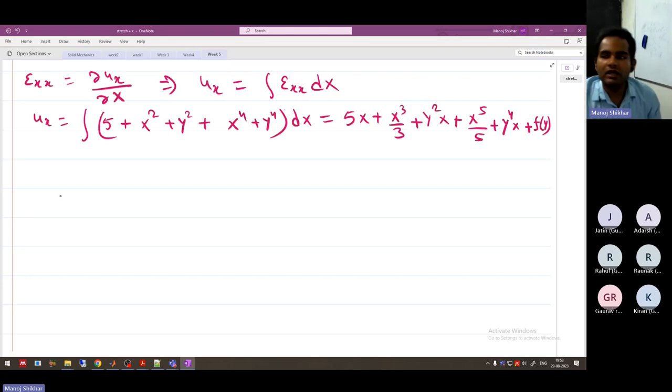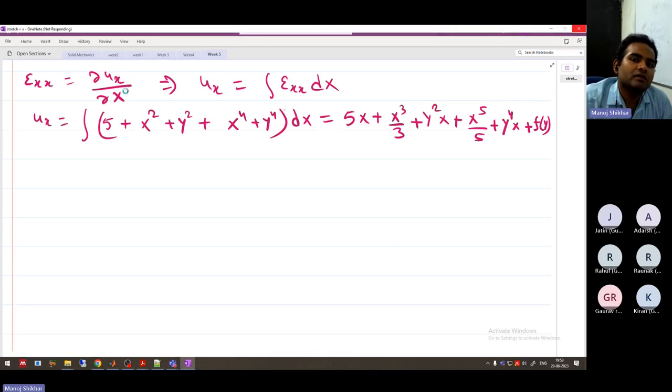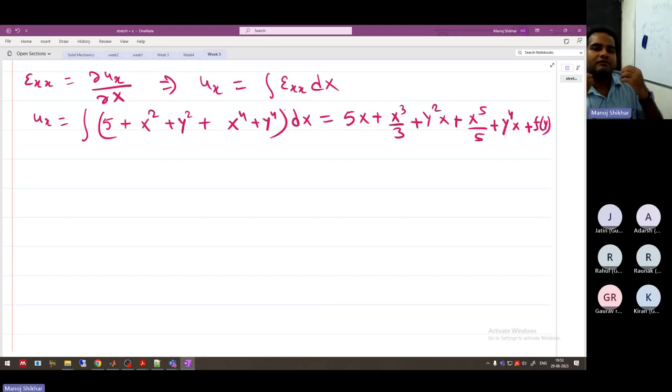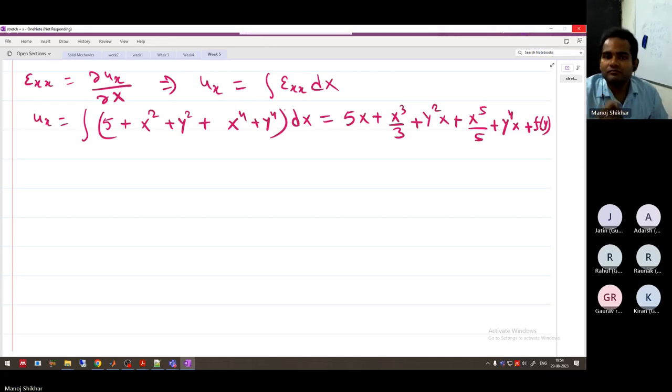If you have already studied partial differential equations, you may know why I wrote f of y. But I want to say that for other people. You see what epsilon xx is: it is differentiation of u_x with respect to x. So what happens if I differentiate a function of y with respect to x? I will get 0.